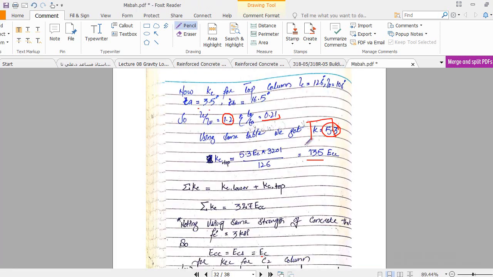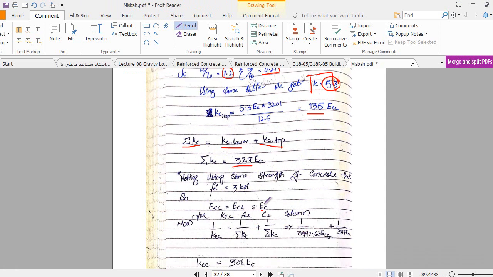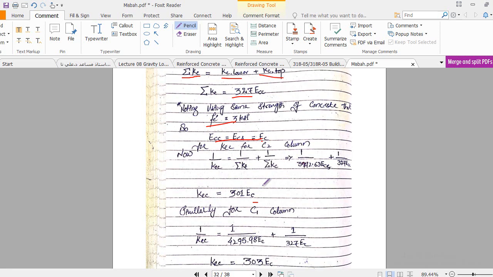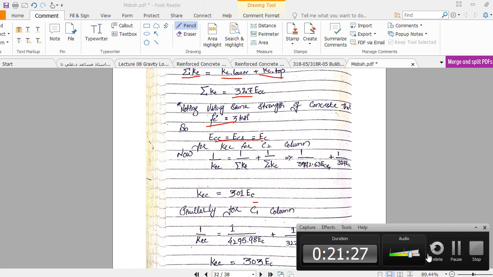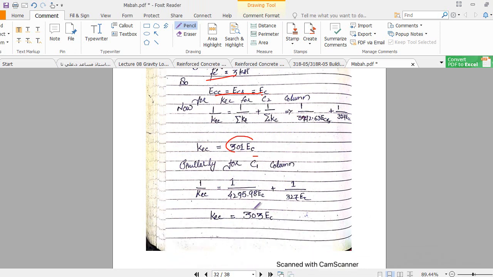Clear? So here you see, remember, we have to find the summation of Kc for the lower, which is the sum of the lower and the top one. Clear? This one will be 3 to 5. The strength is the same, that is 3 ksi, so that's why. Okay, and similarly for column C1, as we did the calculation for C2, we got this value for C2, and similarly for C1 we have this value.